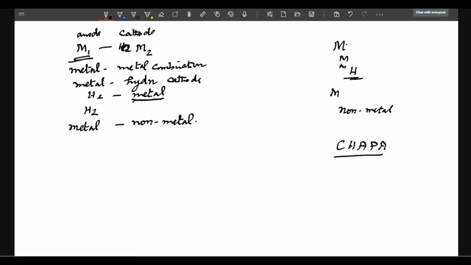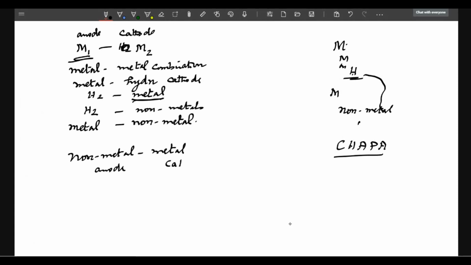Then hydrogen and non-metals. Hydrogen and non-metals. And there is one important one: a non-metal and metal combination, where a non-metal is acting as the anode and a metal is acting as the cathode.